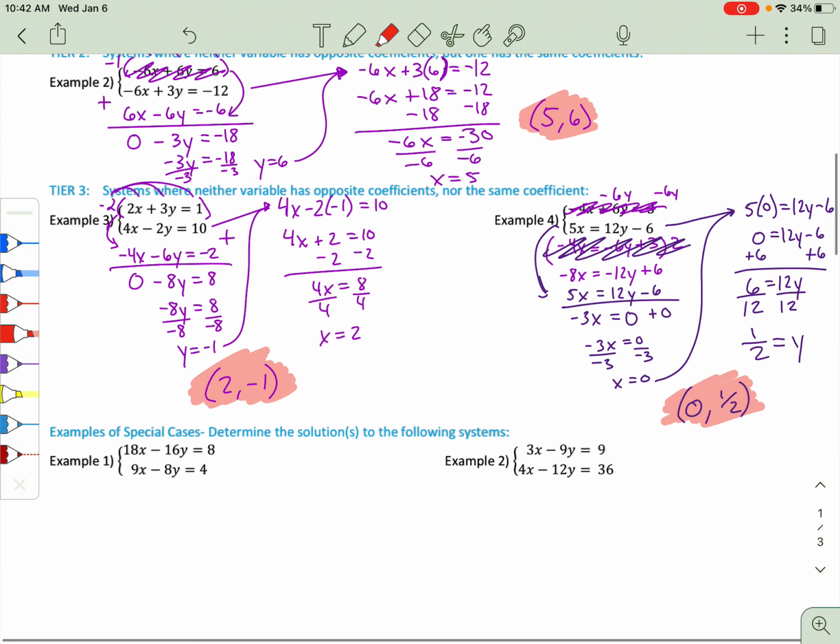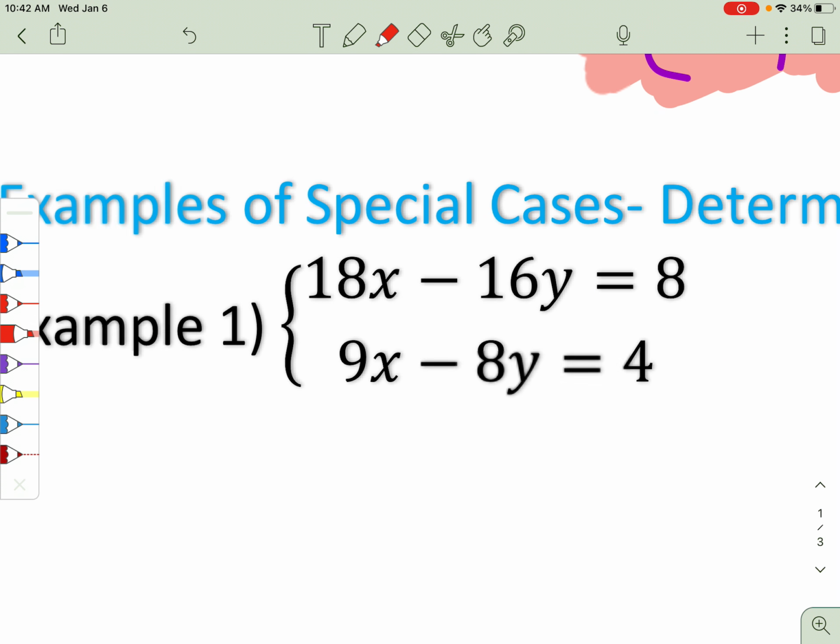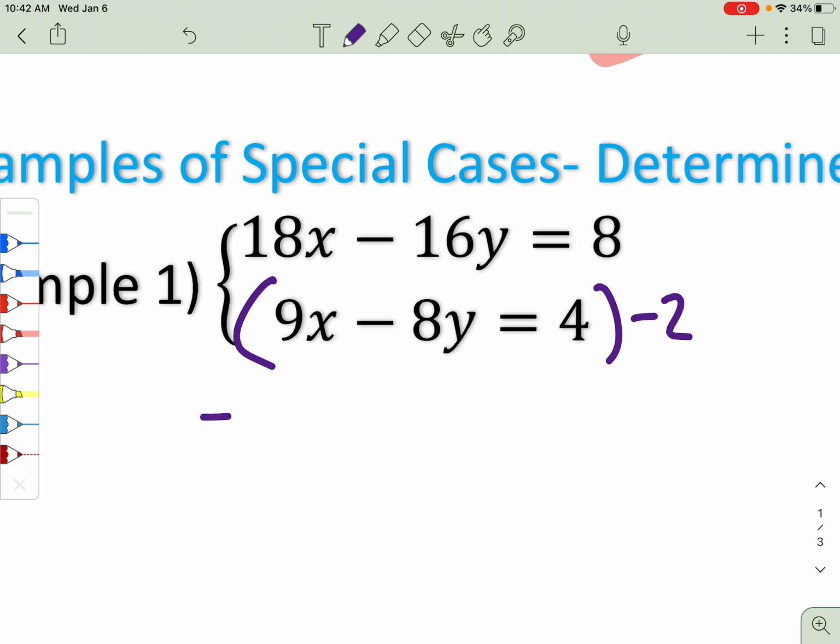All right, and then last examples, these are special cases. So that means that they're either going to end up in no solutions or infinite solutions. So let's take a look at the first one here. These won't cancel, but if we multiply the bottom by -2, then it will. So that gives us negative 18x.